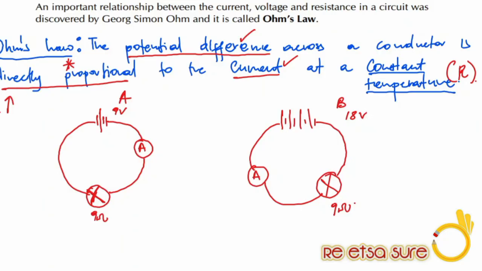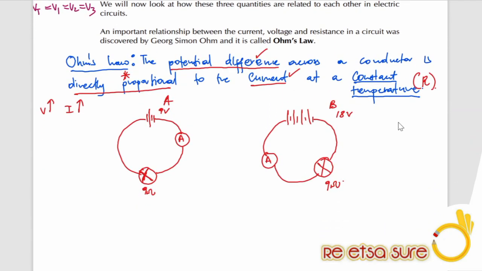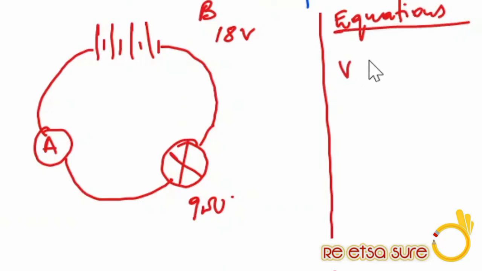According to Ohm's law, we have the equations: V equals IR, where V is the potential difference, I is the current, and R is our resistance.